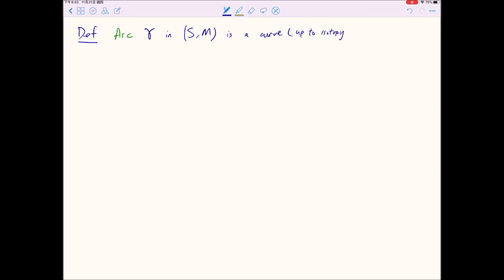So you can move around the curve a little bit without crossing each other, such that the endpoints should start and end on the marked points. And it should not self-intersect, except maybe at the endpoint.